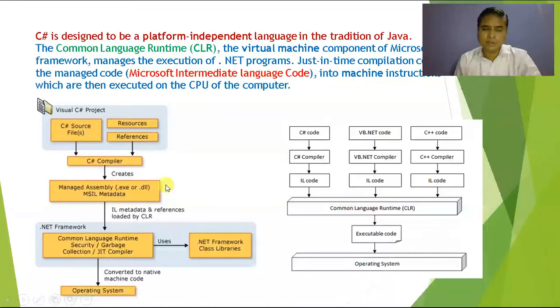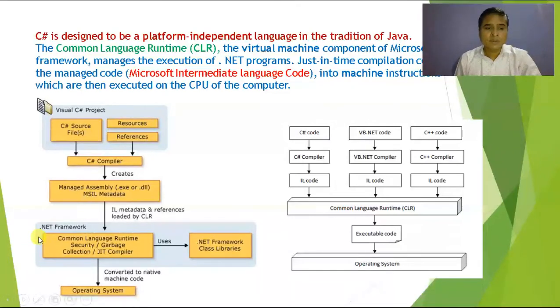I am going to teach with this structure. Your C sharp project, C sharp source file, C sharp compiler creates a managed assembly, MSIL, metadata, Microsoft Intermediate Language. It is just equivalent to bytecode in Java.